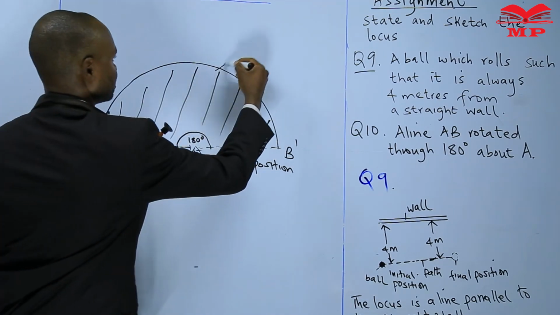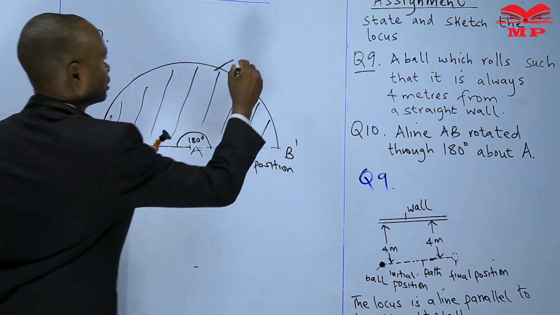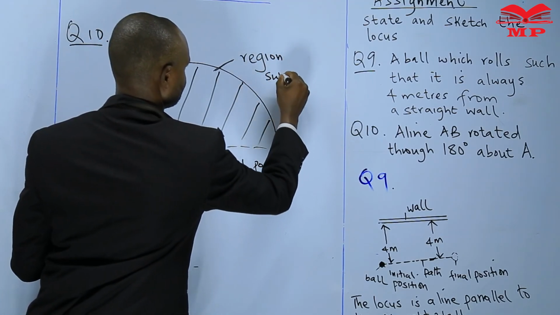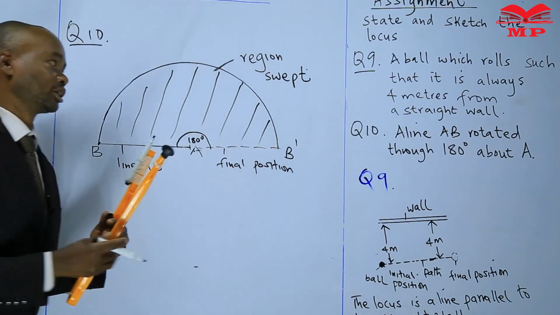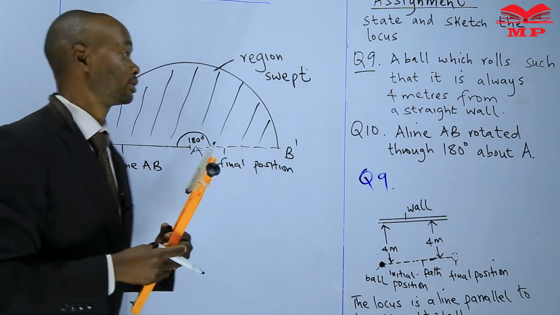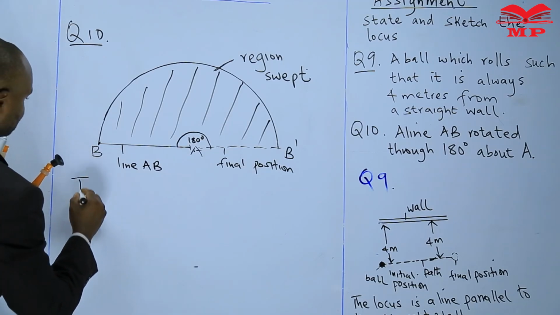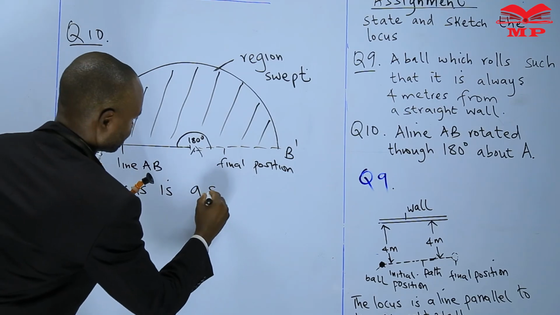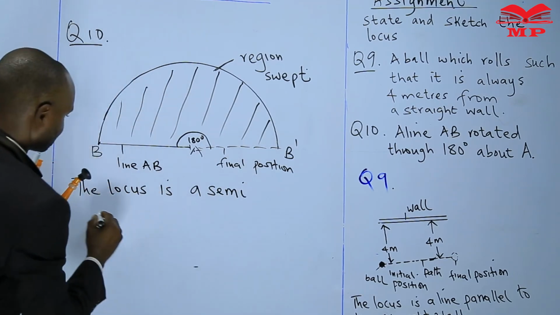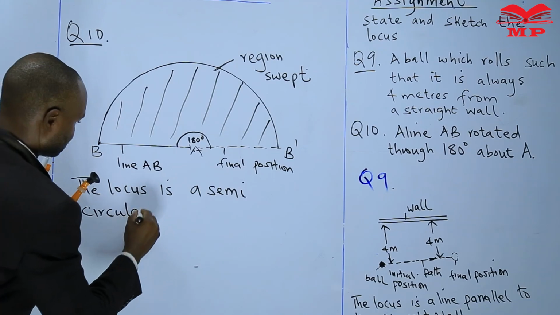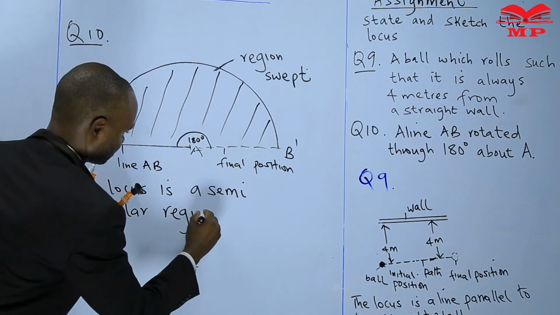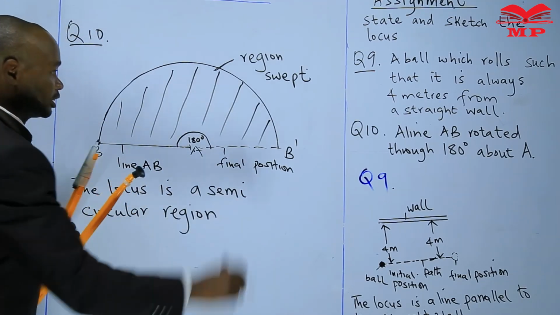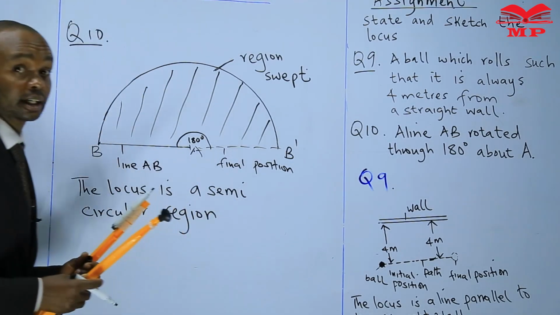This is the region swept, and it is easy to identify. So the locus is a semicircular region. Be very careful: when you talk of a region, you are talking of an area.